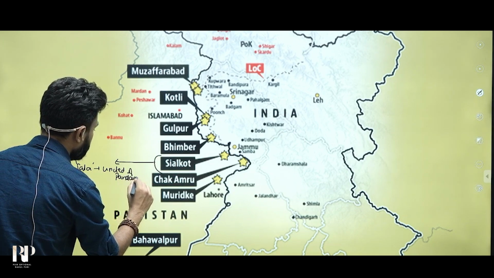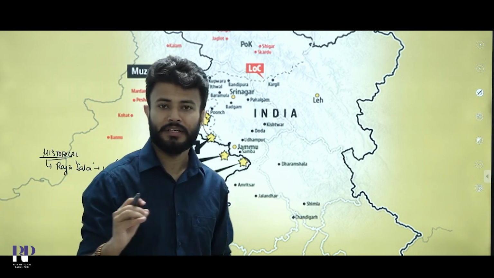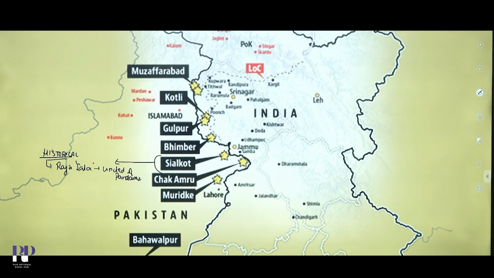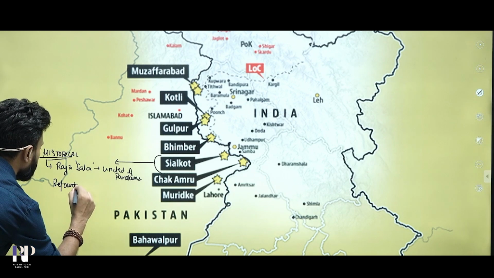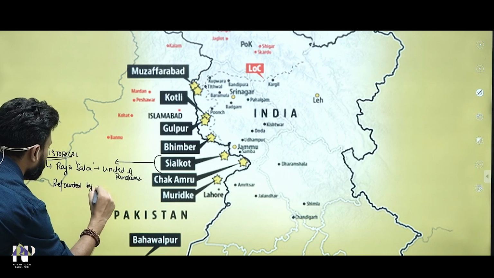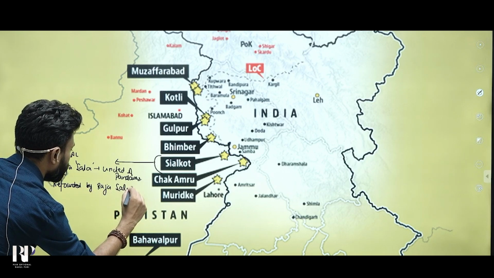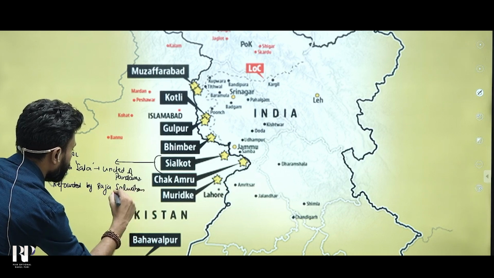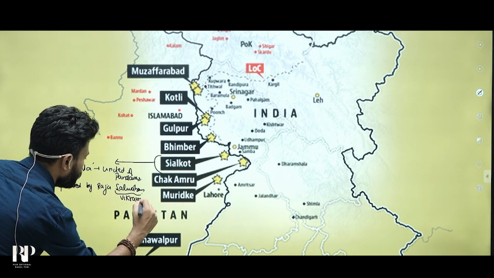As far as the historical records are concerned, it is also believed that this Sialkot town was refounded by Raja Salivahan, and this Raja Salivahan was during the Vikramaditya times, right?